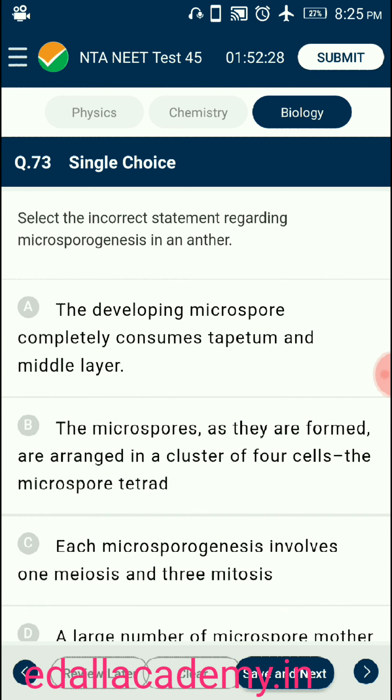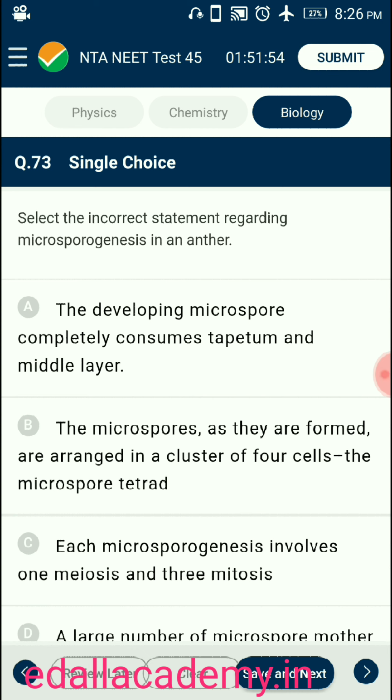Question number 73. Select the incorrect statement regarding microsporogenesis in an anther. Microsporogenesis is the process of the formation of microspore by involving meiosis. The microspore then forms pollen grain, which are male gametophytes. Pollen grains then undergo one mitotic division to form male gametes, and the process is known as microgametogenesis.